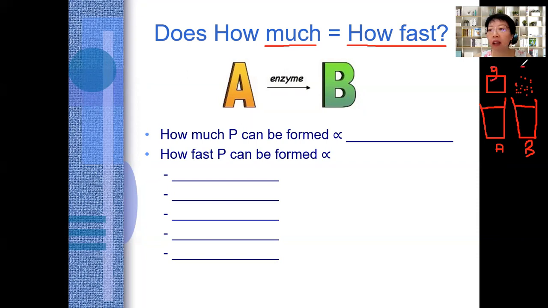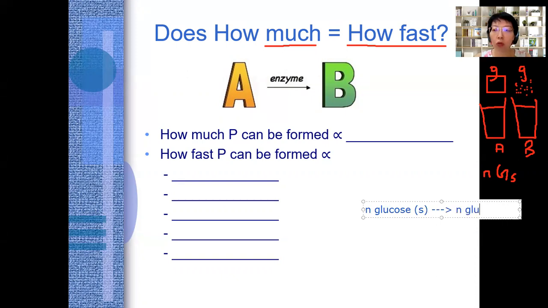Because based on the equation, how many mole of glucose in solid form, when you dissolve in water, you also get n number of glucose in aqueous form.